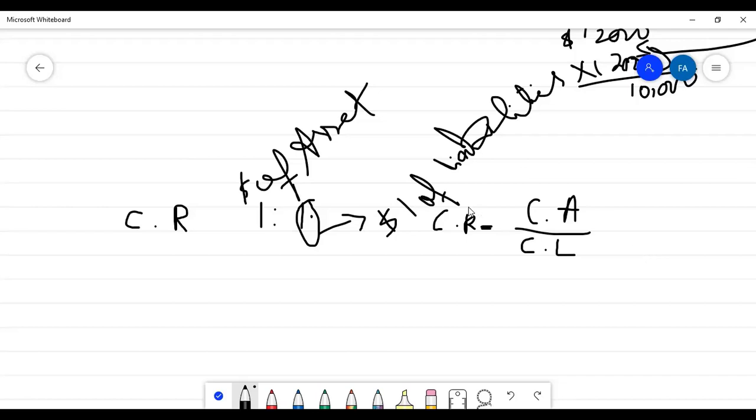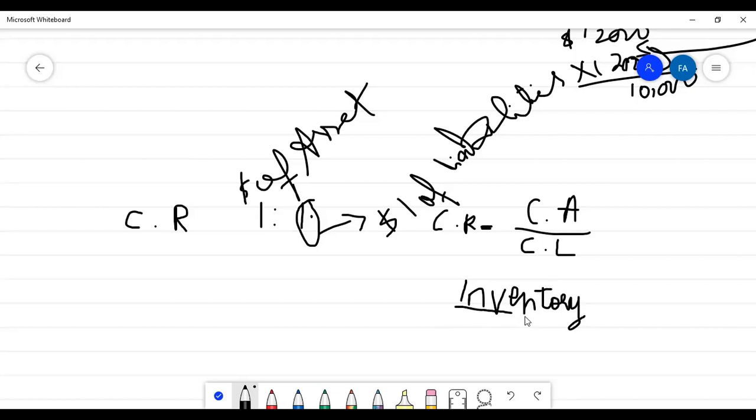If you are getting an answer of 1, there is a problem in this. The problem is inventory.